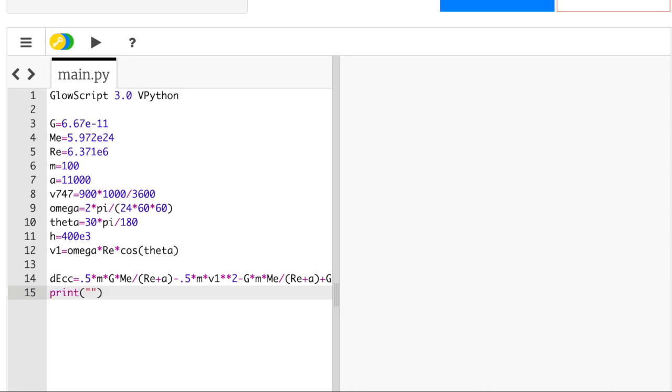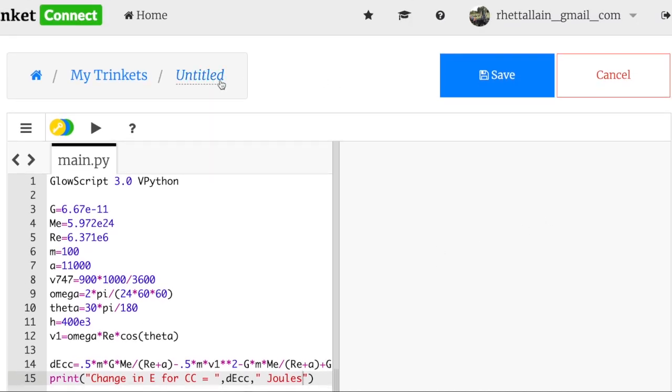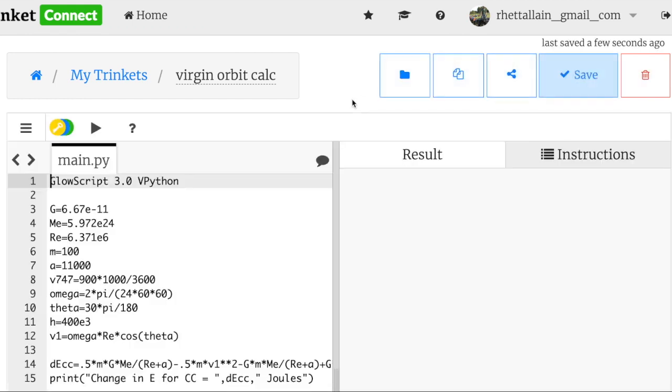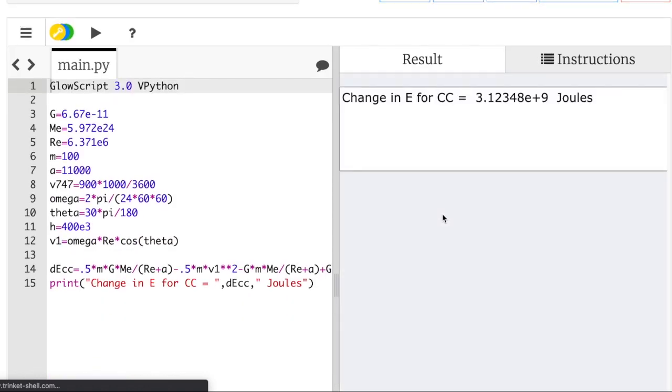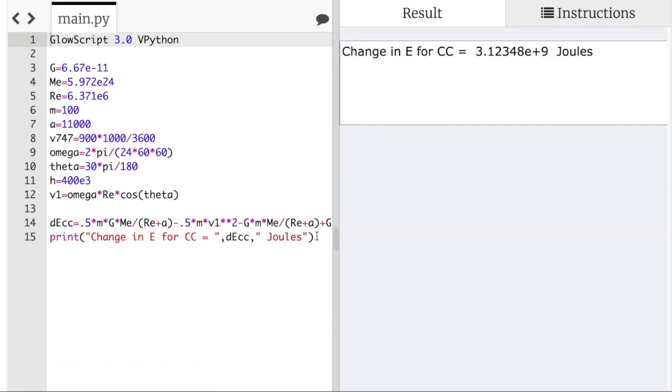Print change in E for CC equals DECC joules. And let's save it because I didn't do that. Virgin orbit calc. Save. And I will give you the code. I'm going to run it because you never know if you made a mistake. Nope, it looks okay.